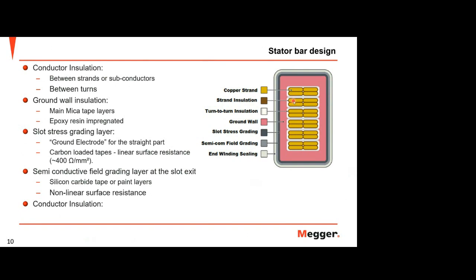This is the strand insulation, and after this layer comes the turn-to-turn insulation, and this area is the ground wall insulation, which can be made by mica tape layer or epoxy resin impregnated, and continues to the slot stress grading layer, and then the semi-con field grading, and also the end winding sealing. So there are multiple processes to fill the conductor up to the end winding sealing.